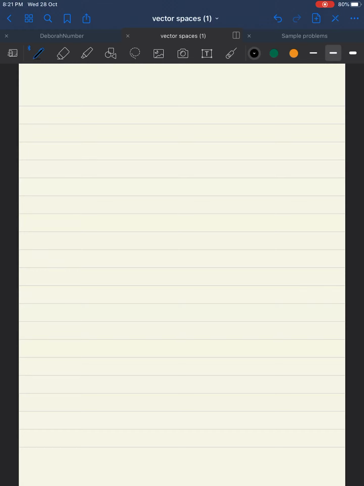And this quantity, H plus alpha V bar squared by 2 plus GZ, is also called the total specific enthalpy.